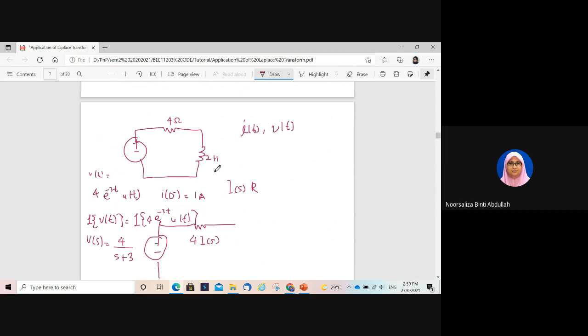And then here you have the inductor. So for inductor, we know that VLT equals to L dit over dt. Then if you Laplace this one, it will be Vs equals to L times S IS minus I0, and equals to L IS minus L I0.